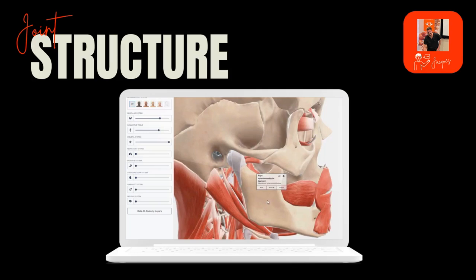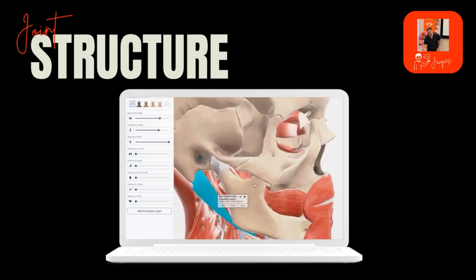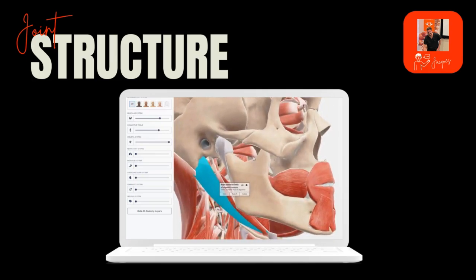Moving on to the muscles. Here we have your right posterior belly of the digastric muscle. This muscle functions in mandibular depression. And inside here we've got your pterygoid muscles, which include your inferior lateral pterygoid, which functions in mandibular depression.